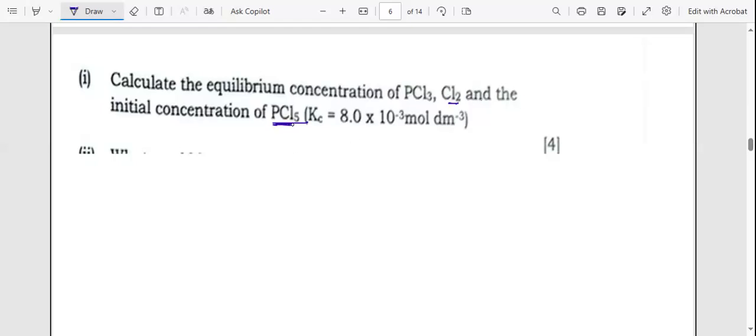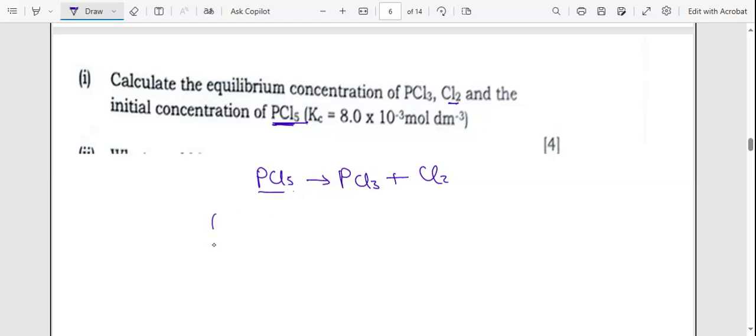So say phosphorus pentachloride, because of penta 5 there, dissociating into phosphorus trichloride, giving us plus chlorine, like that. Okay, it's balanced now.